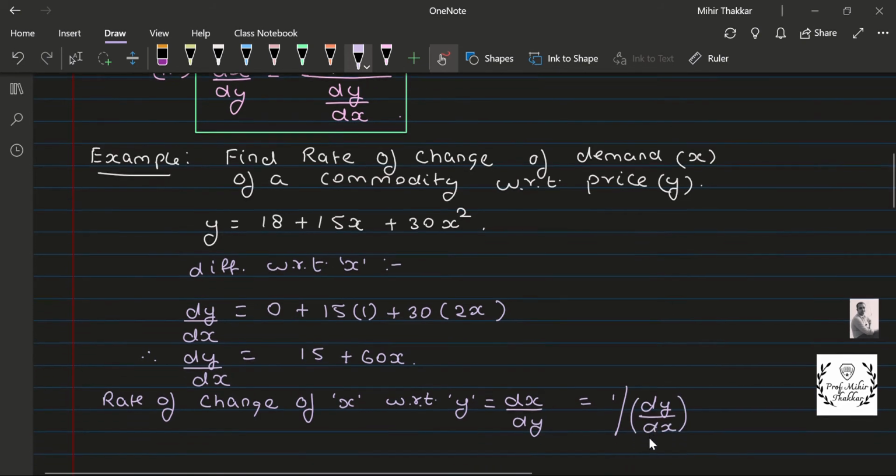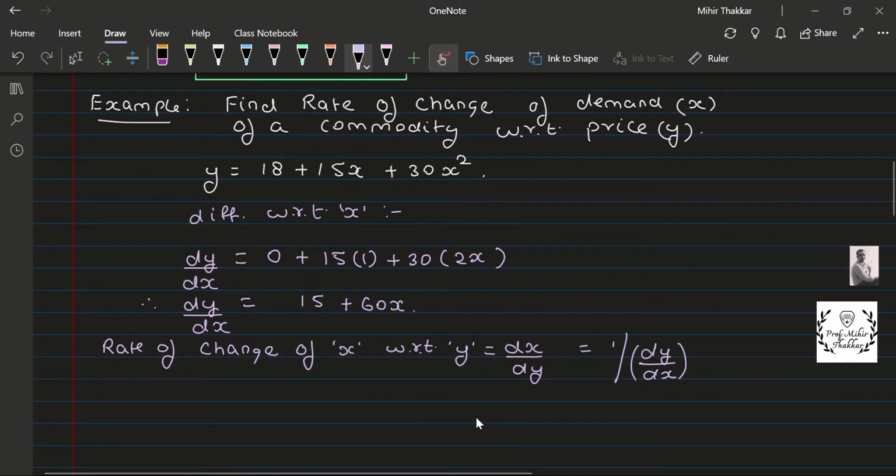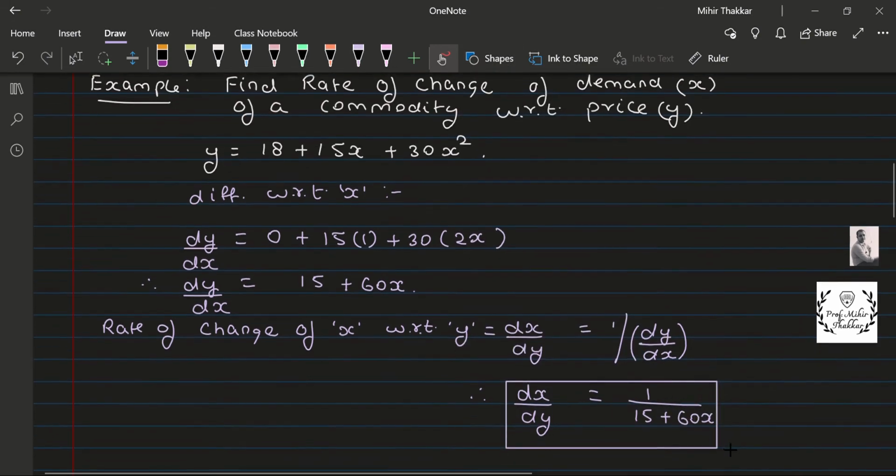So when I take the reciprocal of this function, I will get a very simple answer. Dx by dy is equal to 1 upon 15 plus 60x. So that is our required answer.